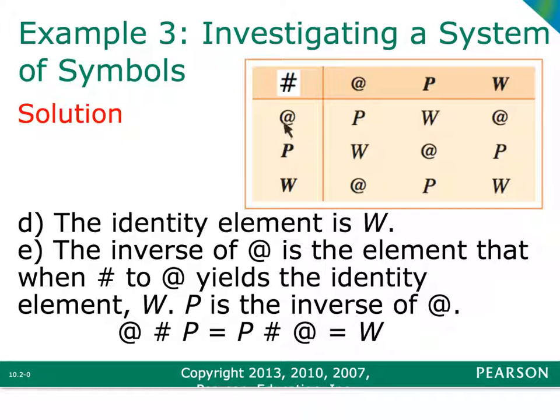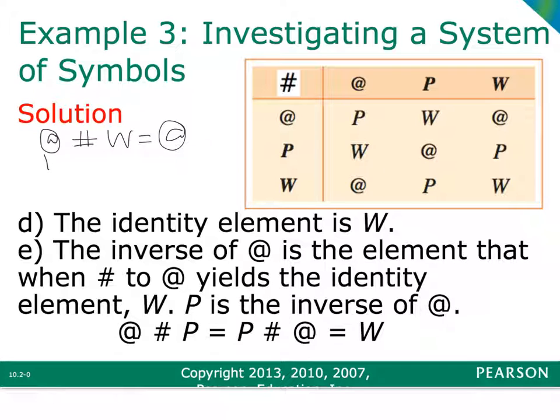Okay, now let's check the identity element. If I want to start with @ and do a number operation to get back to @, I have to go to W, right? So @ number W equals @. See, we're getting back to where we started.